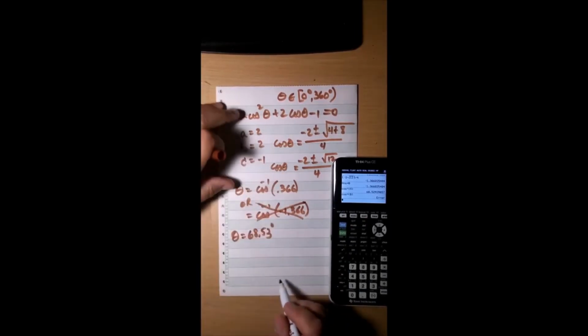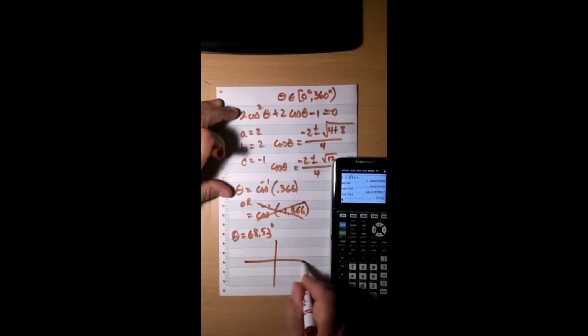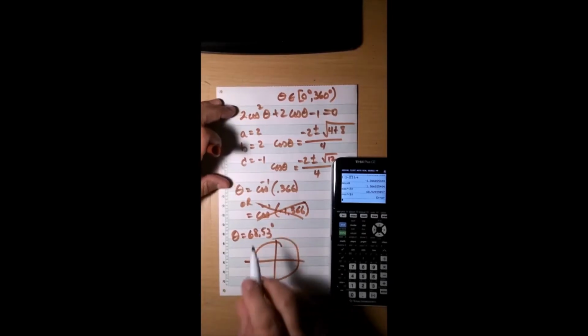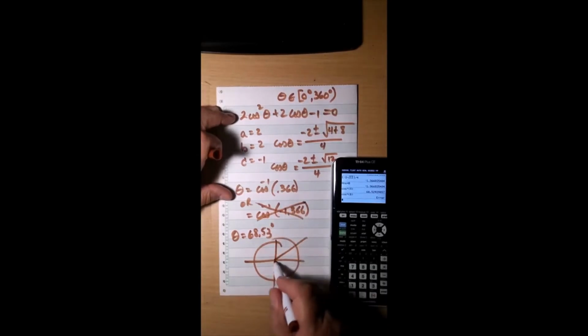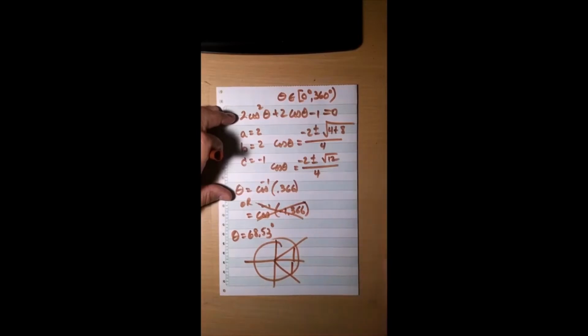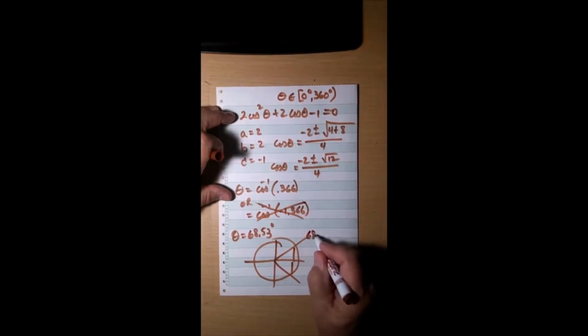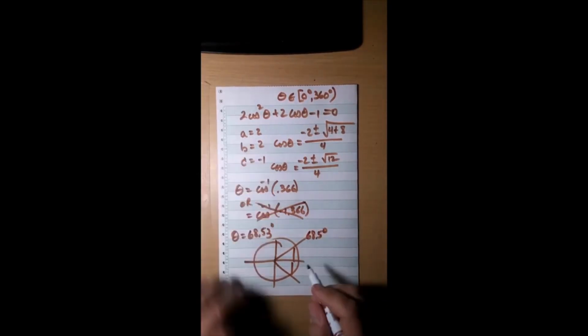Only these two. And remember, just think of this as a reference angle. Where is the cosine positive? First and fourth again. So 68.53 is good.